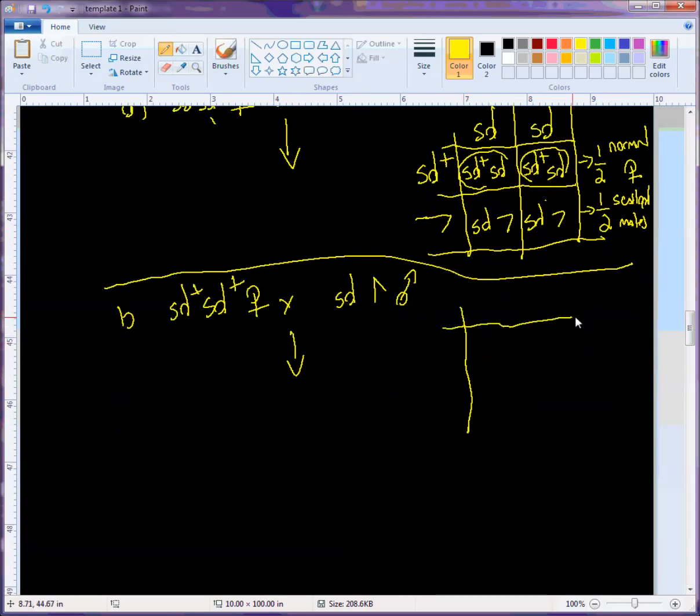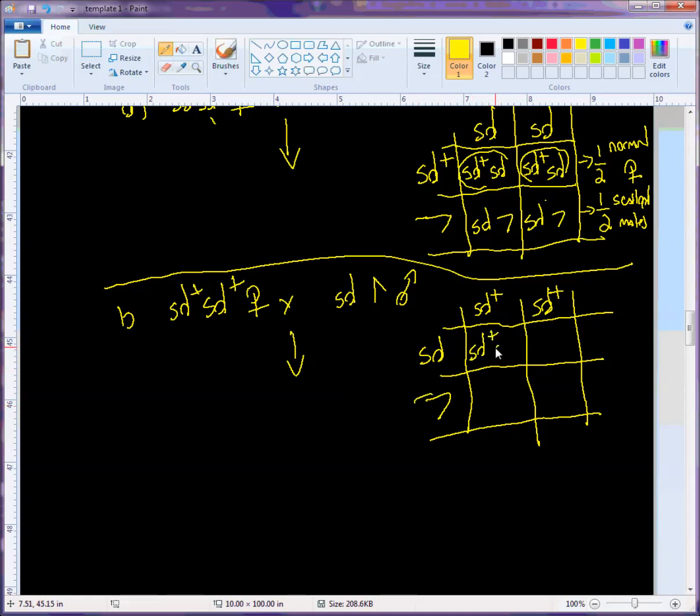And let's fill out the Punnett square again, with the mom genotype for each gamete up here, dad right here. And I changed the Y again. I don't know why I do that. No pun intended again. SD plus SD, SD plus SD, SD plus Y, SD plus Y.